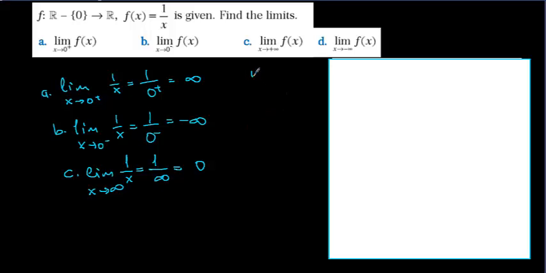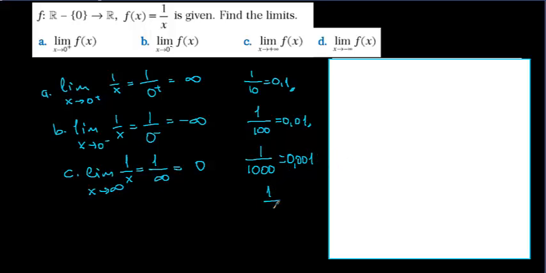Because 1 over 10 is 0.1, and 1 over 100 is equal to 0.01; this number is closer to 0 than the previous one. As you see, when you increase the denominator, 1 over 1000 is equal to 0.001, which is very close to 0.